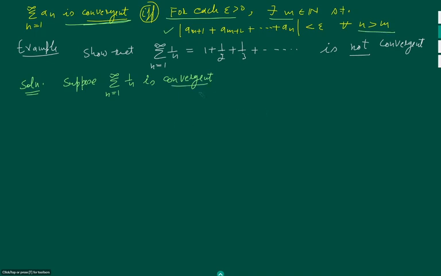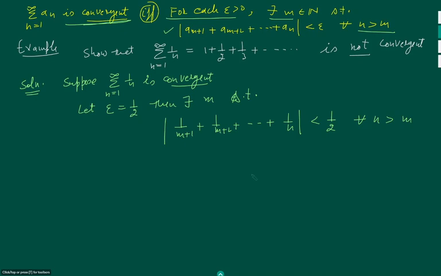So suppose this is convergent, and let epsilon be positive. Then for each epsilon positive there will exist a natural number m. So let epsilon be equal to 1 by 2. Then there exists a natural number m such that a(m+1) plus a(m+2) plus up to an is less than 1 by 2 for all n greater than m.